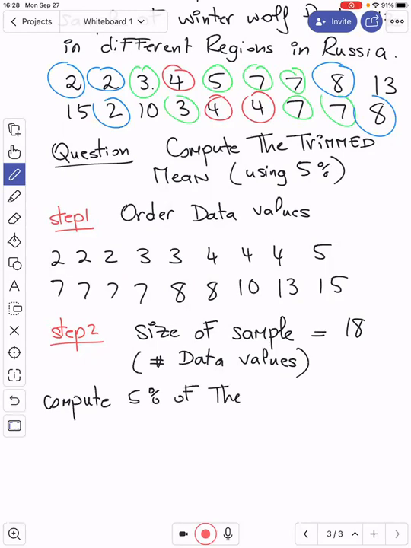So that will be 5% times 18. So you have to multiply the percentage by the size of the sample. So 5% is just 5 over 100 times 18.